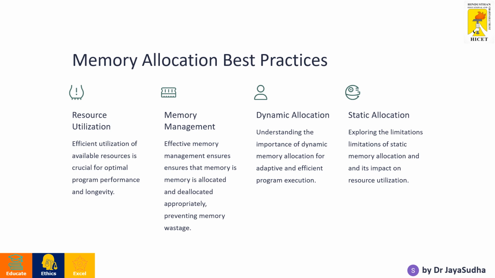implement proper memory management practices to prevent memory leaks, such as deallocating dynamically allocated memory when no longer needed; recycling memory, that is, reuse allocated memory whenever possible to minimize overhead and improve overall memory utilization.